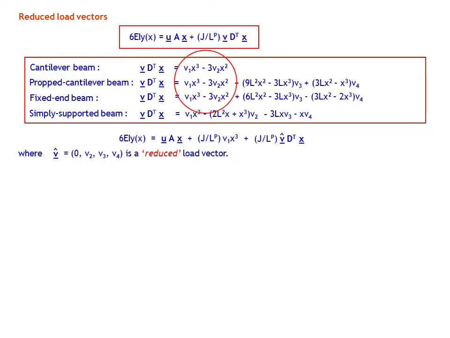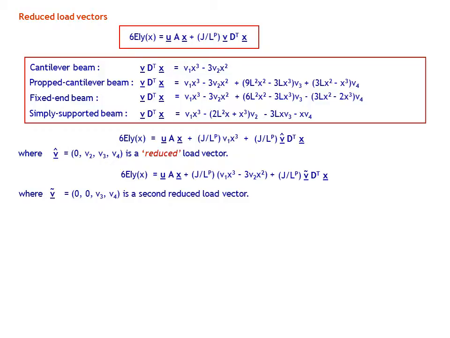If we look at the first two terms in the expansion, we see that these are the same for all beams apart from the simply supported beam. So we can write the global deflection equation for these three beams as 6EI y of x is equal to uax plus j over Lp into v1x cubed minus 3v2x squared plus j over Lp v tilde dtx, where v tilde is load vector v without components v1 and v2.